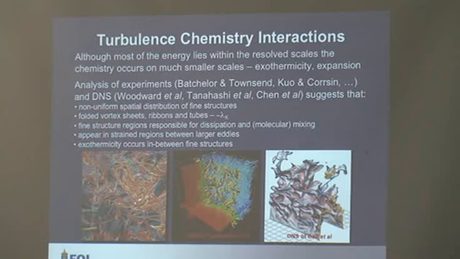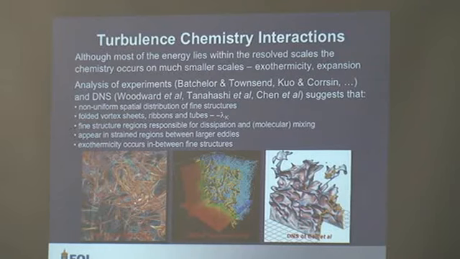So looking into some of this data, probably just a fraction of what's available, we can see that we have a non-uniform spatial distribution of fine structures in these turbulent flows. You have vortex sheets, ribbons, and tubes, all of them essentially associated with the Kolmogorov scale, either in terms of the thickness of the sheet or the radius of the ribbon, for example, or the radius of the tubes.